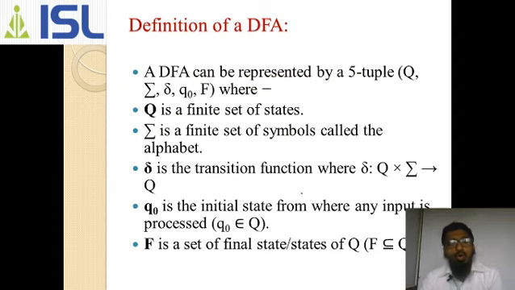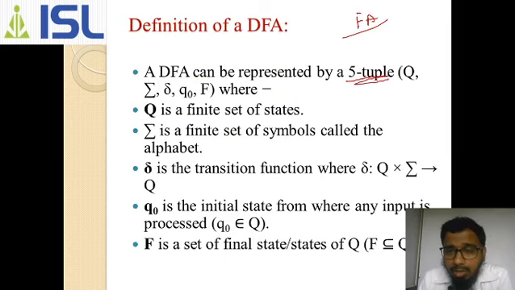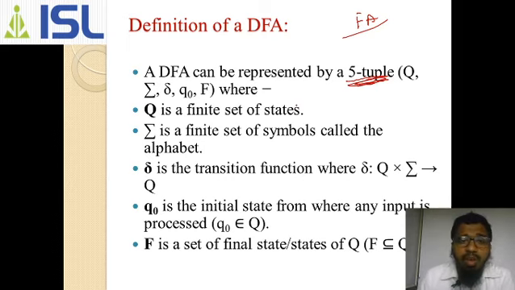Here also, as I told you, in finite automata we saw the 5 tuples. Do you remember the 5 tuples? The same 5 tuples will be there for deterministic finite automata: Q, sigma, delta, Q0 and F.